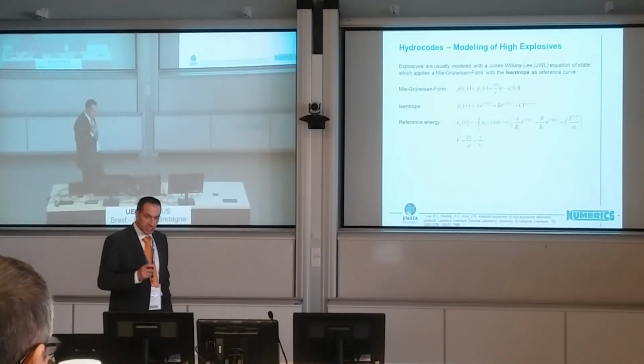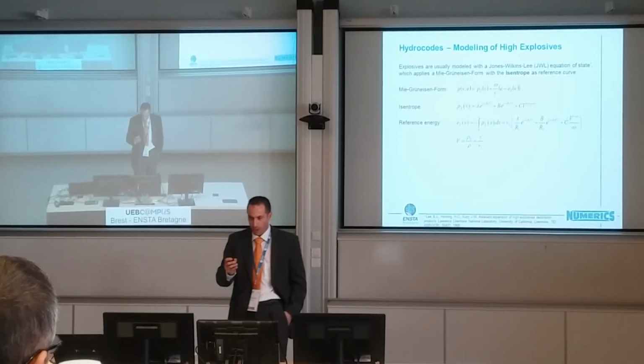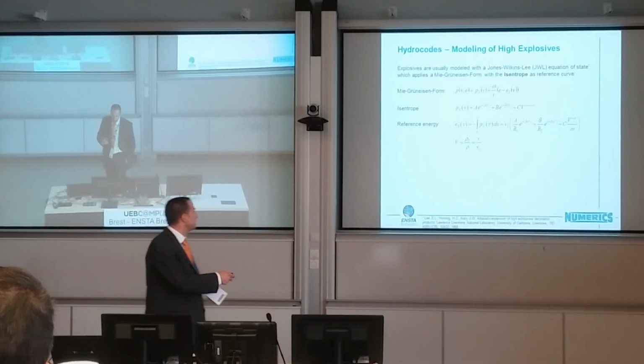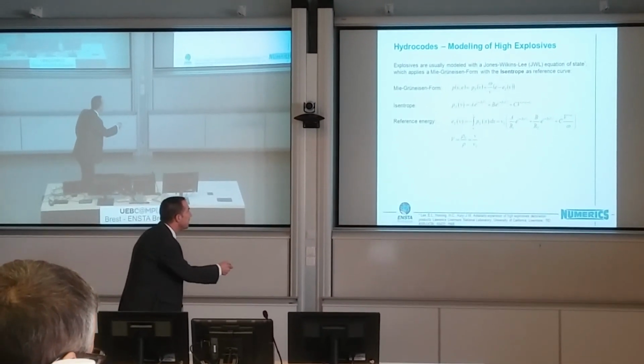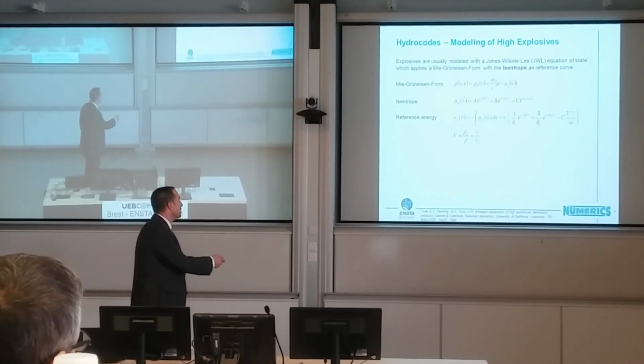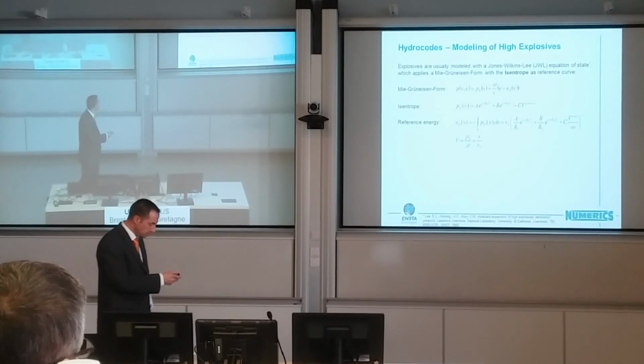The reference energy is then the integral of our pressure along the specific volume. And if we do this integration, we come up with this term here, where the capital V is actually the scaled specific volume.